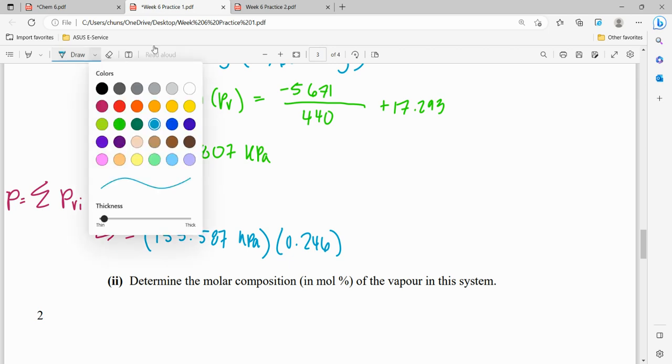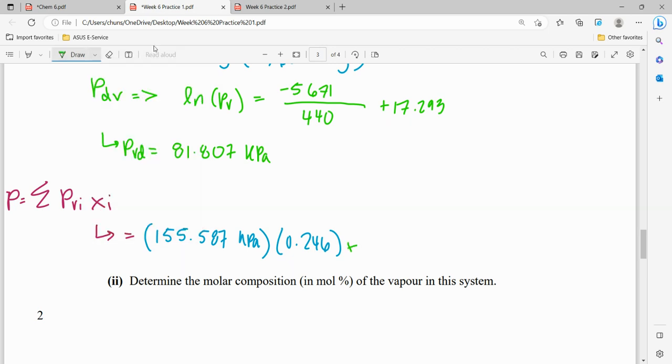And we have our decane pressure, and we'll need to find our mole composition, which we're not given, but we can use this equation to find it.